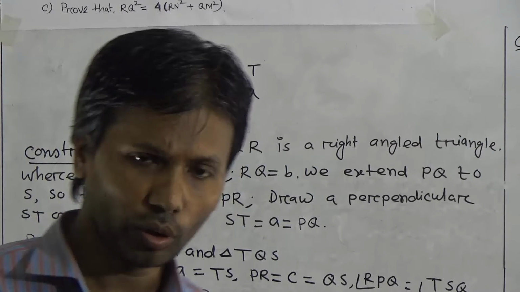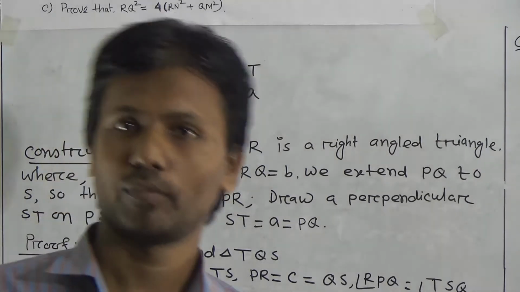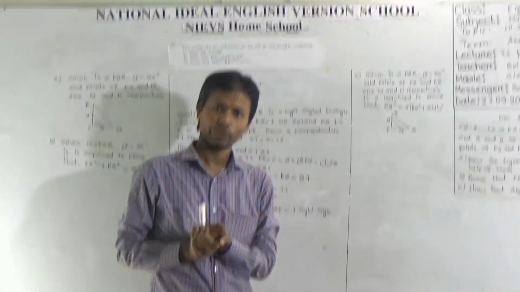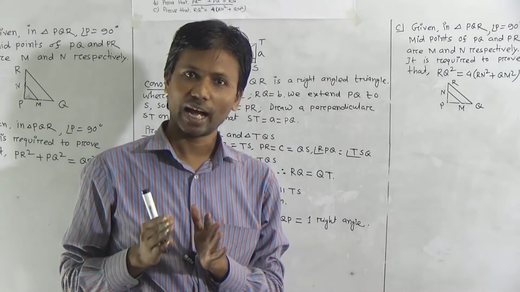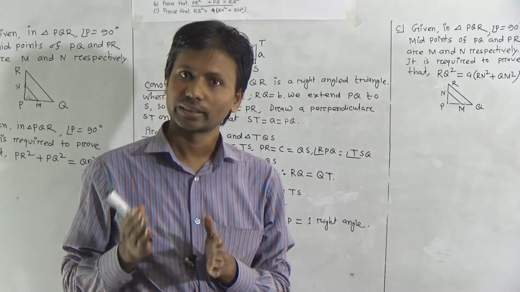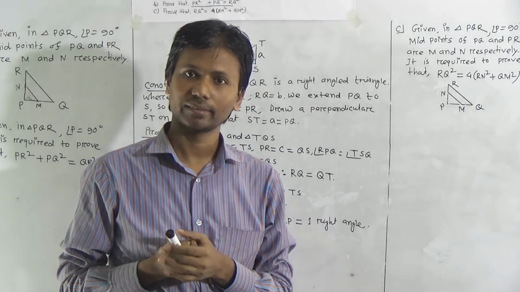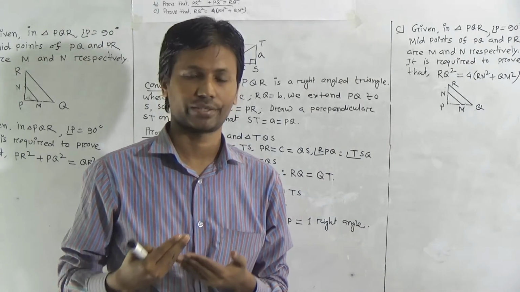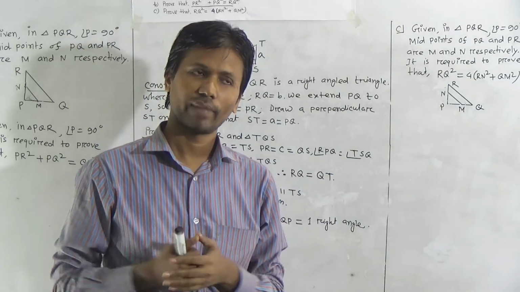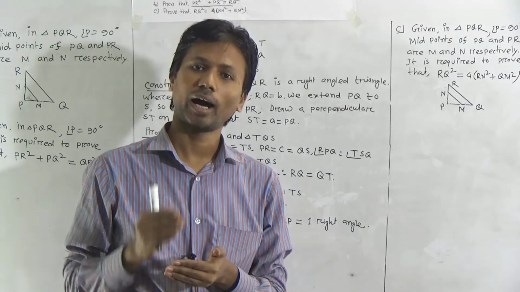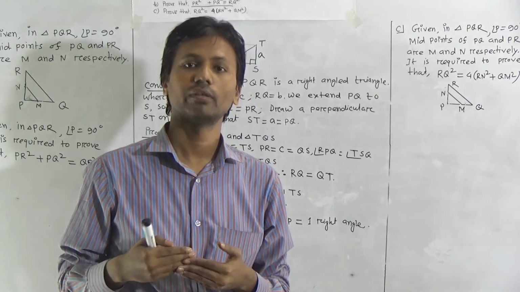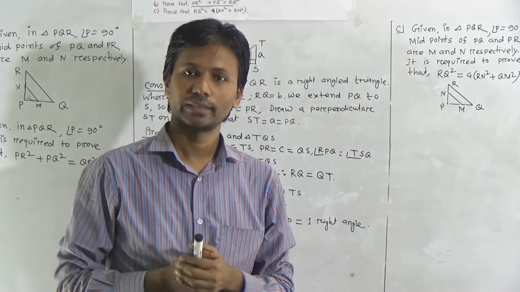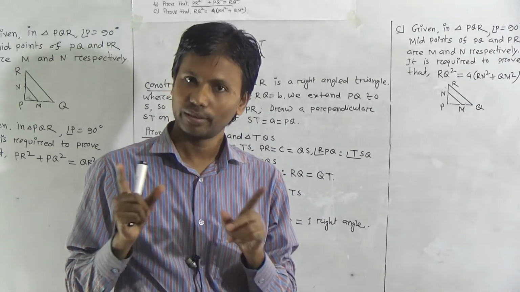Dear student, we know the area of trapezium. What is the formula of area of trapezium? Area of trapezium equal to half into sum of parallel sides into height. And area of any triangle equal to half into base into height. Okay, this is the formula of area for a triangle.